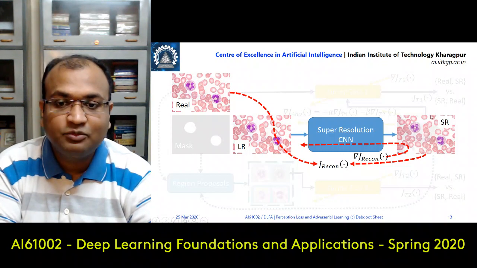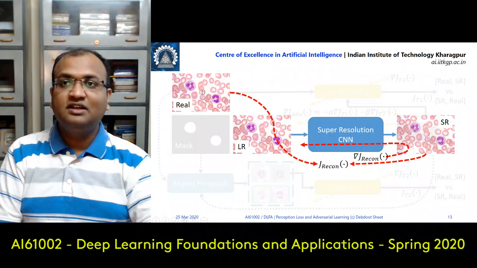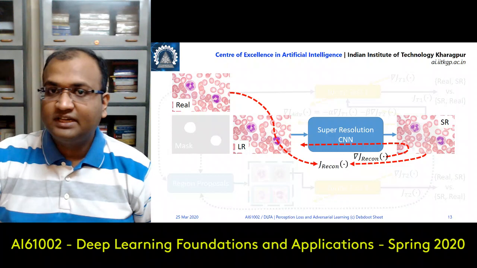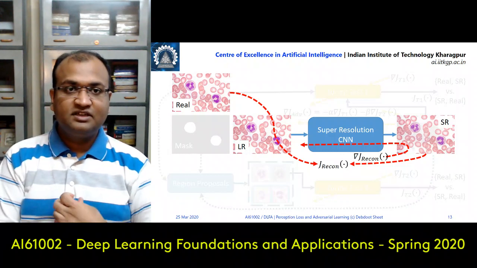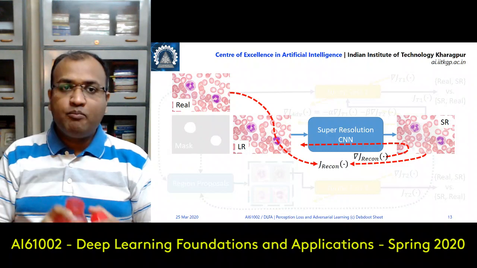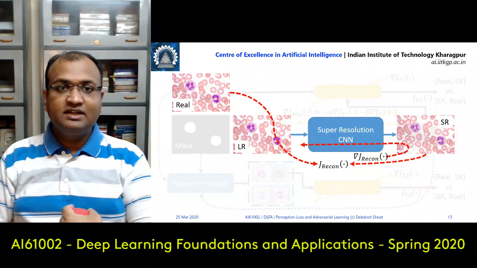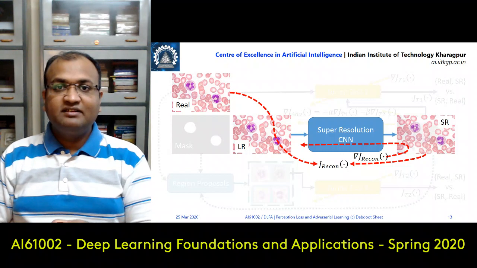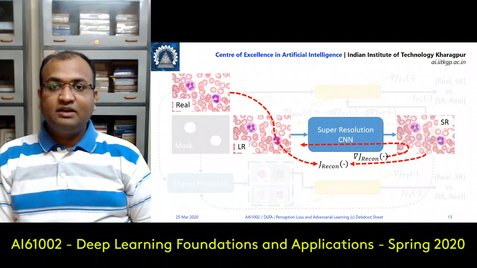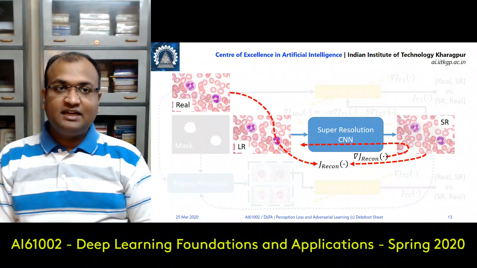This is supposed to be equivalent to a high resolution image in the real world, which is at 40x. So essentially I have a 10x image, I pass it through a CNN, and I want to get an image which looks almost like it is at 40x.